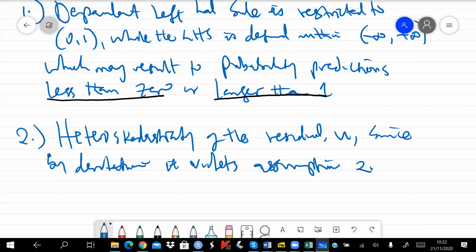It violates assumption number 2 of the classical assumptions of OLS. So assumption number 2 is violated here. Okay.